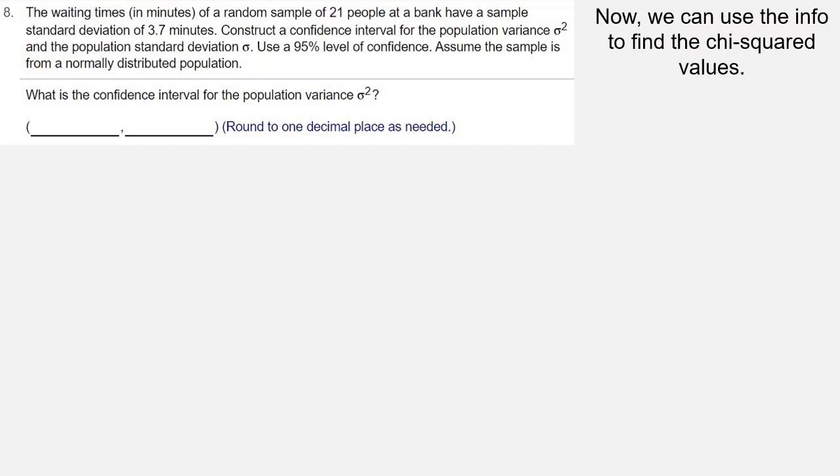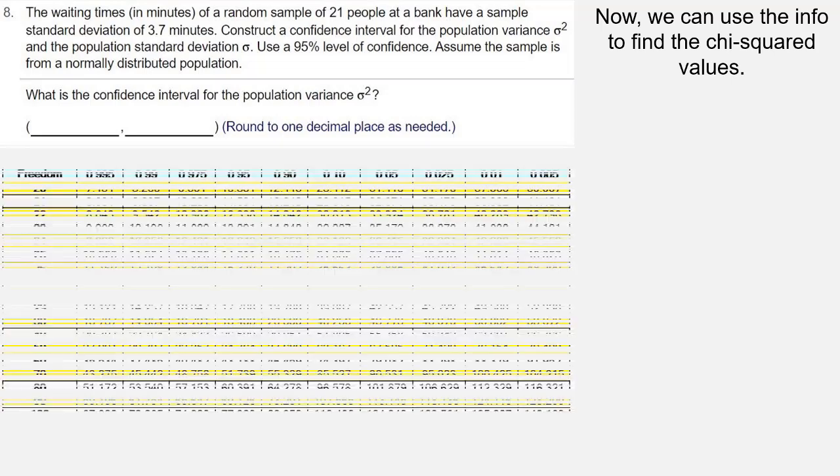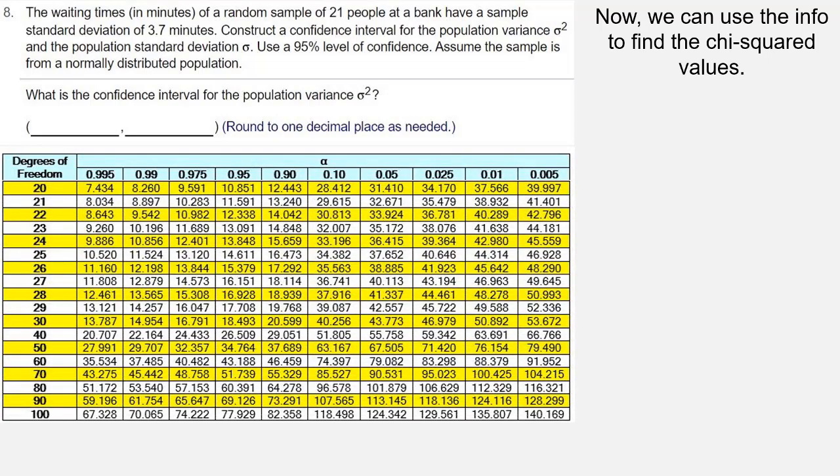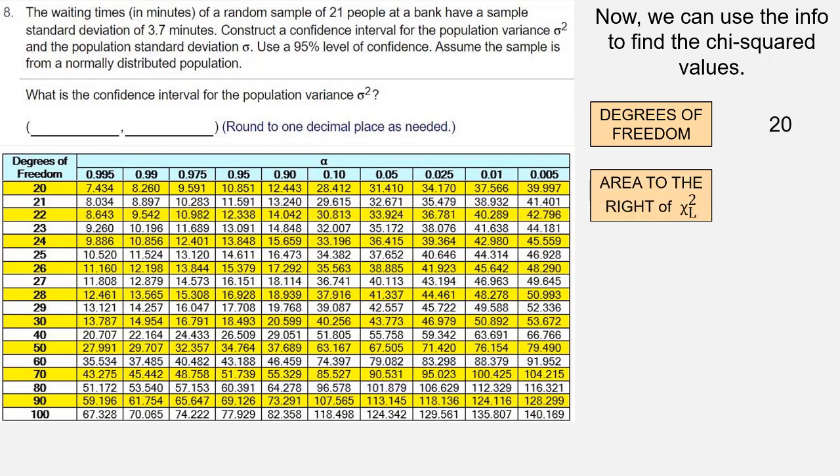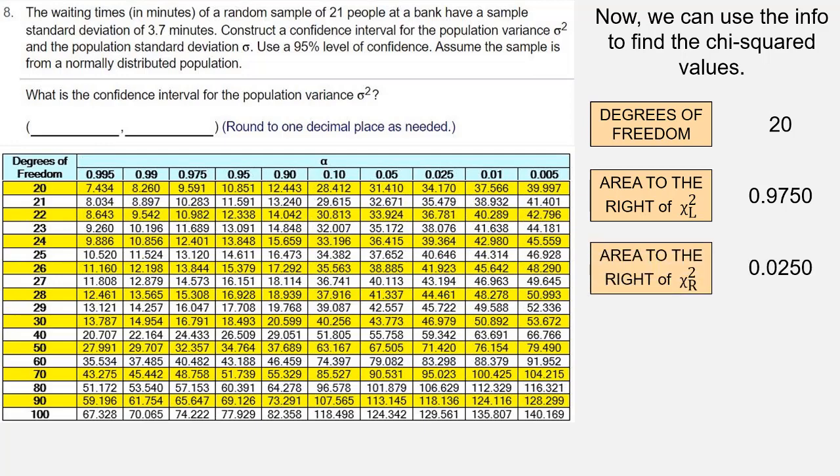Now we can use that info to find the chi-squared values. We're going to use the chi-square distribution table. So let's recall our values. The degrees of freedom is 20. The area to the right of chi-square L is 0.9750. The area to the right of chi-square R is 0.0250. And then to find chi-square L, we look for our degrees of freedom in the left-hand column, 20, and then the area to the right of chi-square L, 0.975 across the top.